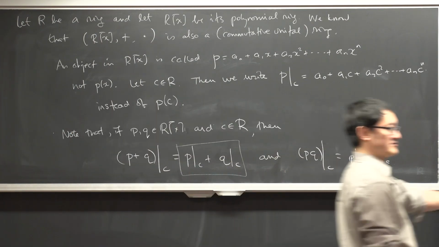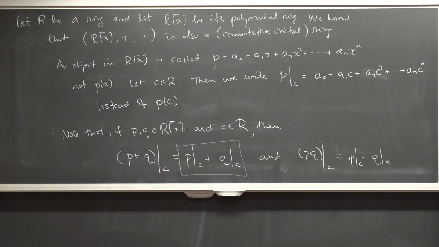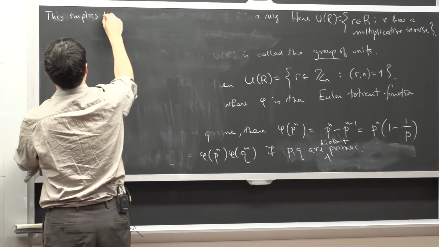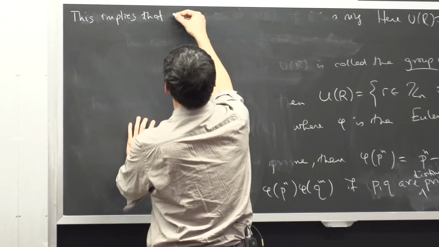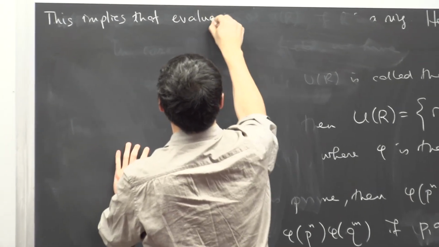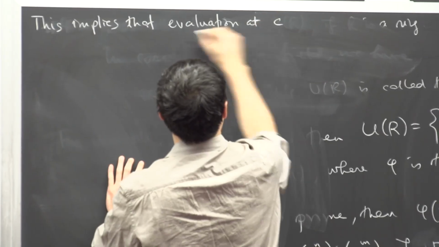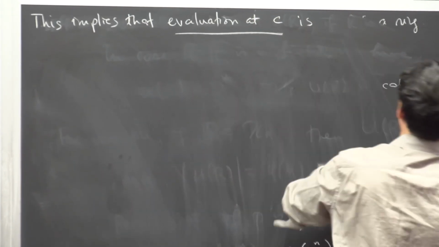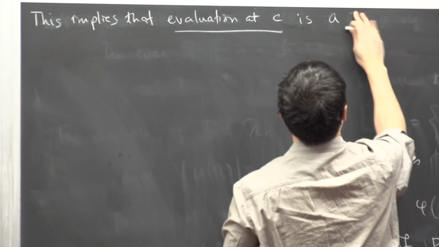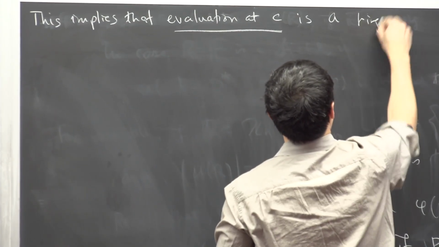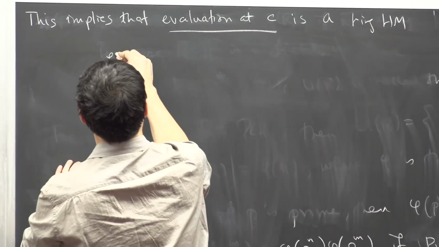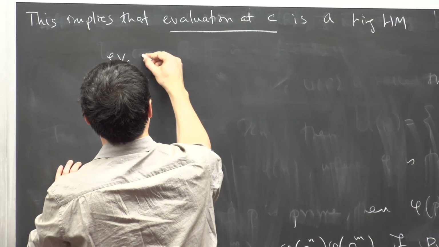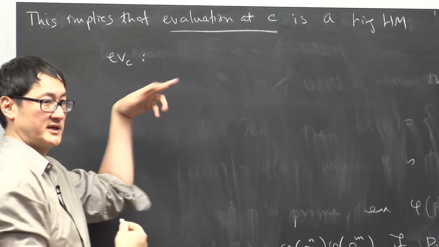So basically what I'm saying is the following. The process of slashing by c is a ring homomorphism. So this implies that what we call evaluation at c is a ring homomorphism. And what does it look like? It's called eval_c, and what object do I take when I evaluate at c?